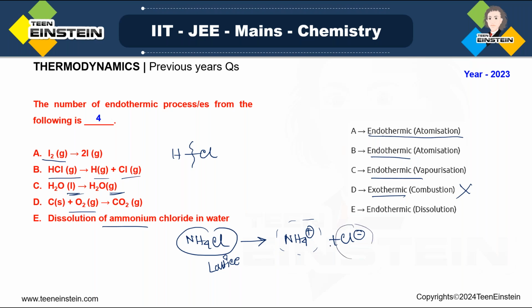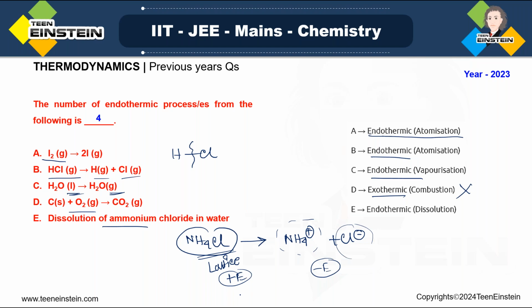Similarly, Cl minus will also be solvated by water and get some stabilization. In that process, energy will be released. But what is the overall energy change? Because when you are breaking the lattice, you are supplying energy, which is positive, and here it is negative. But what is the combined effect on the energy change? That we have to understand.